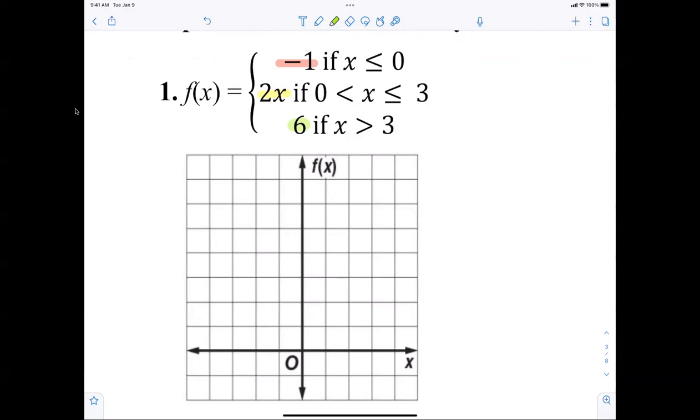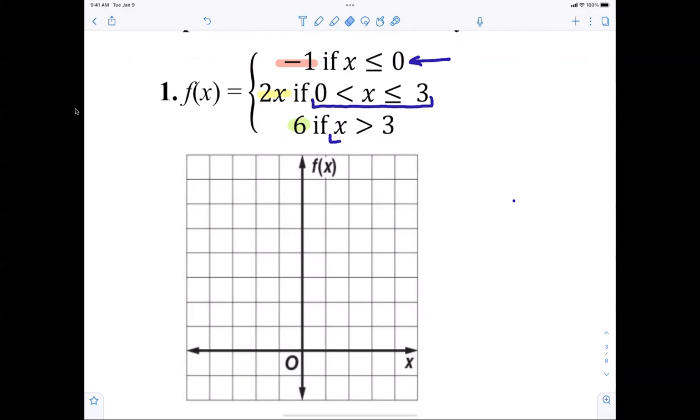But you're only graphing -1 for values that are less than or equal to 0. You're graphing 2x for values between 0 and 3. And you're graphing 6 for all values greater than 3.